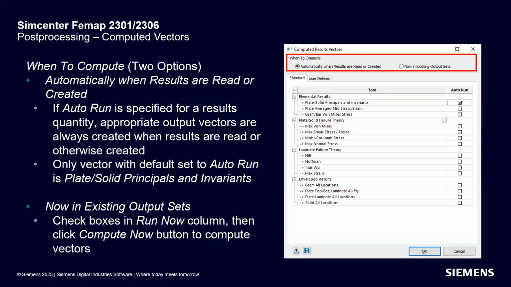You can automatically create them when results are read or created, and by created, that would be commands such as using the model output process to make a linear combination or an RSS combination, maybe an envelope. Or you can just have it do it now in existing output sets at any time. So depending on what you have selected at the top, you can choose whether you want to auto run it or run now. And when you're in the now and existing output sets, you get a compute now button at the bottom.